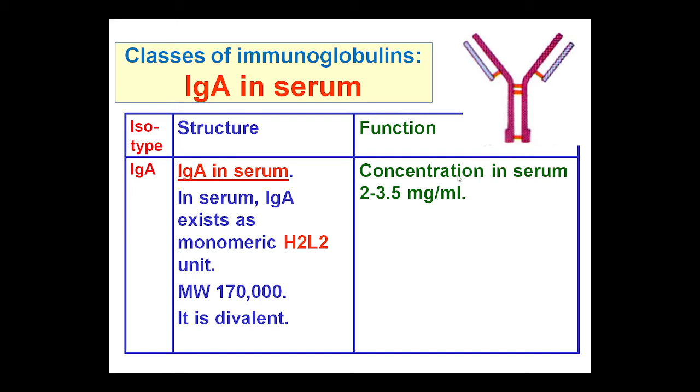Concentration of this immunoglobulin in the serum is from 2 to 3 milligram per milliliter. It means most concentrated is immunoglobulin G from 10 to 13 milligram per milliliter. Second rank is this serum immunoglobulin A from 2 to 4 milligram per milliliter. Third is immunoglobulin M from 1 to 1.5 milligram per milliliter. Other immunoglobulins, immunoglobulin D and E, occur in trace amounts.